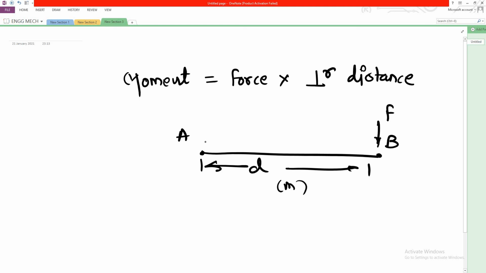When we take moment with respect to point A, the moment will be F into D, and since the sense of rotation is clockwise, the notation will be positive. When we say that moment is with respect to point B, the moment is going to be 0 because the force itself is acting on the point that we are considering. All right, moment is an entity that generates rotational effect.